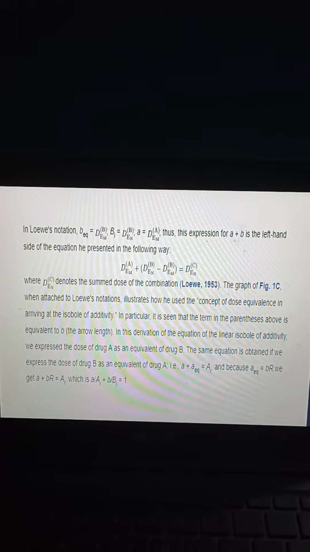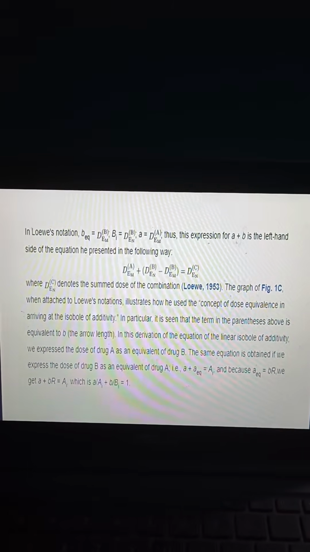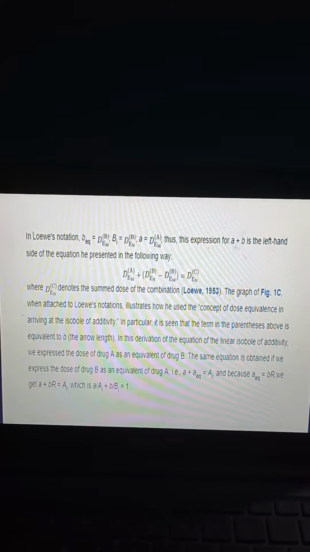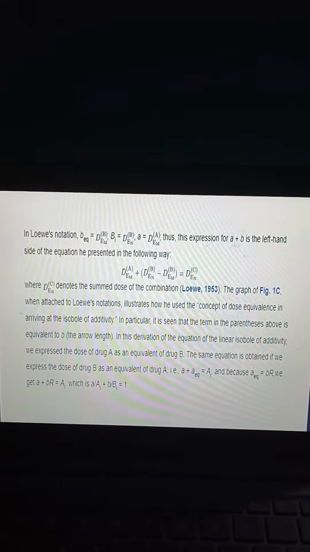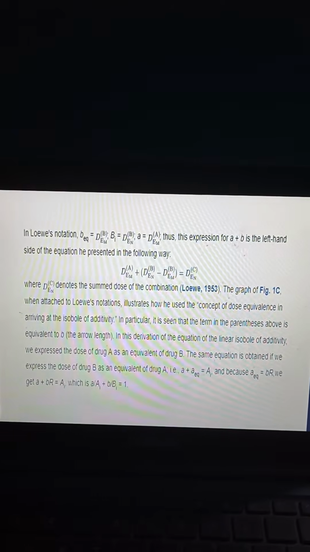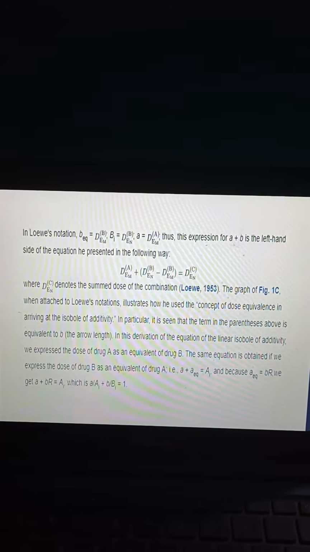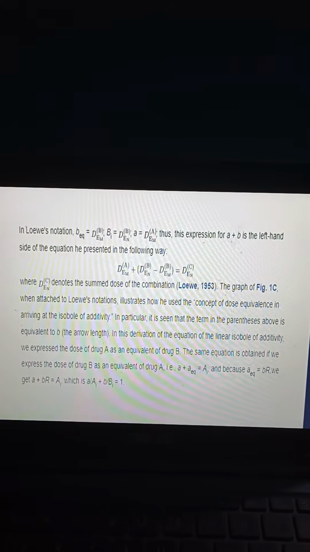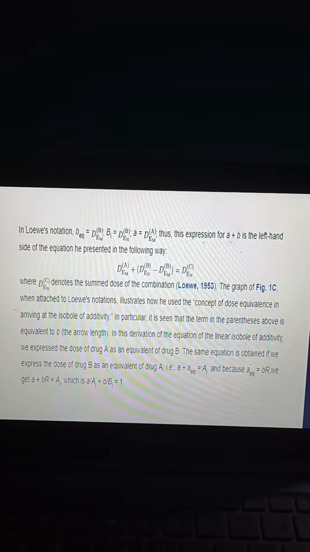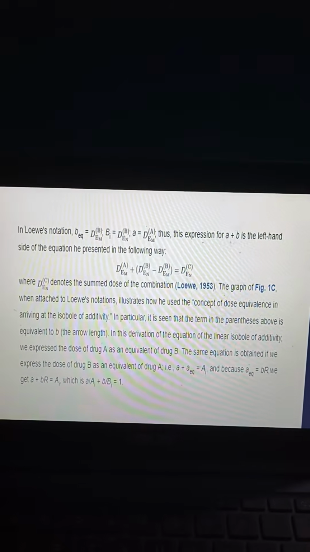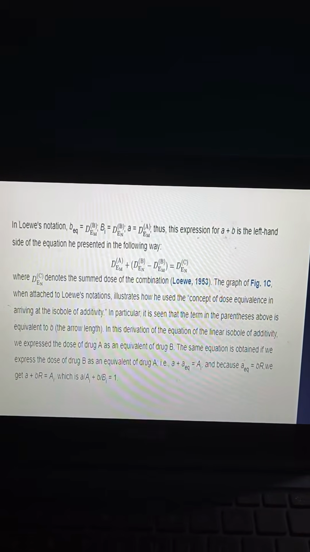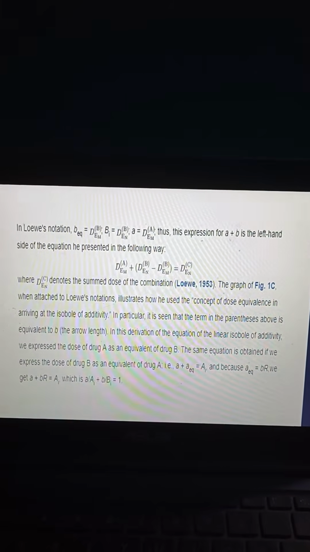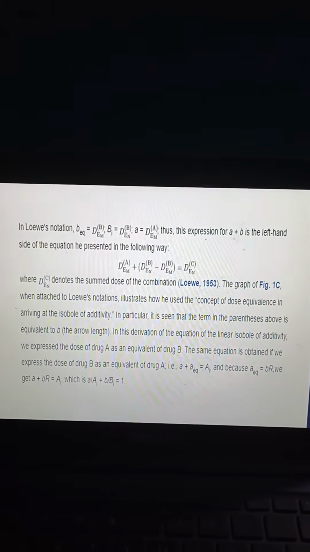In this derivation of the equation of the linear isobol of additivity, we express the dose of drug A as an equivalent of drug B. The same equation is obtained if we express the dose of drug B as an equivalent of drug A, that is a + a_eq is equal to A_I, and because a_eq is equal to b_r, we get a + b_r is equal to A_I, which is a/A_I + b/B_I = 1.